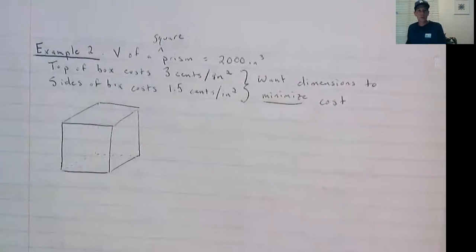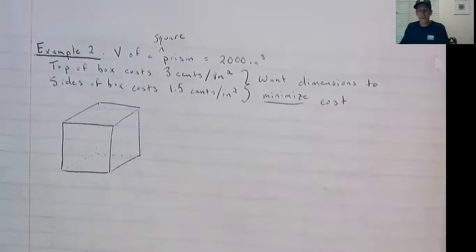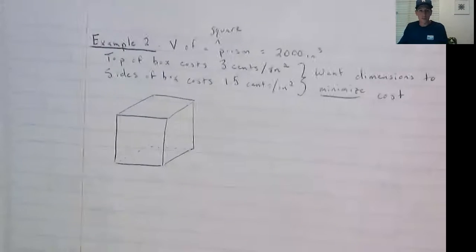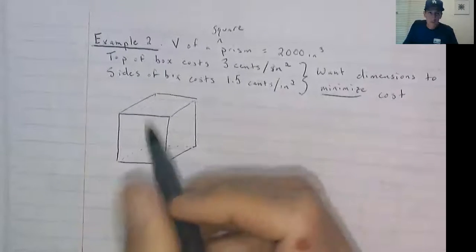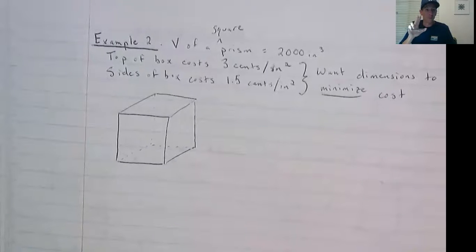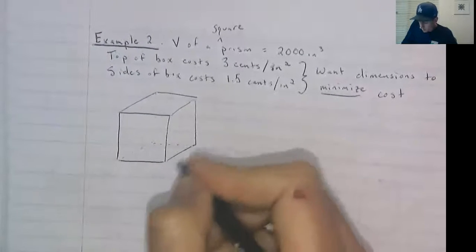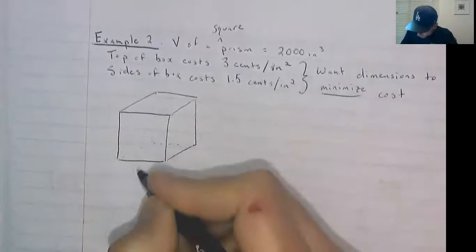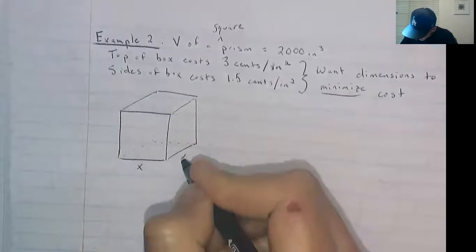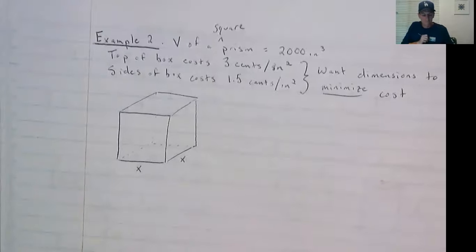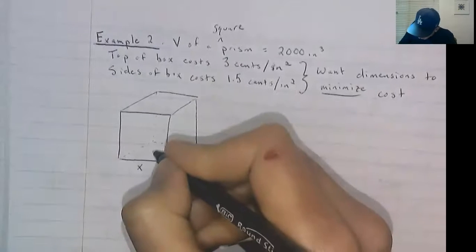The square aspect of our bases is important, which means there are really only two different dimensions to this box. Usually with a prism, we have base, width, and height. Here, the width and the length are both the same. We'll call them x, because it's a square, which means the bases are x squared.